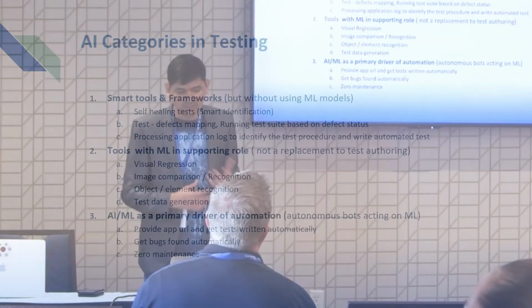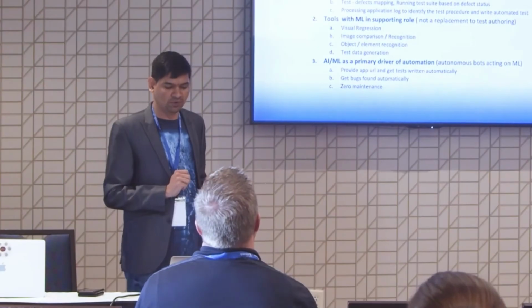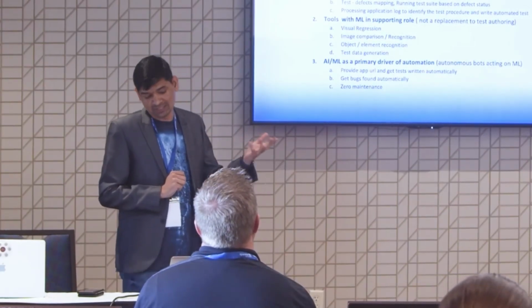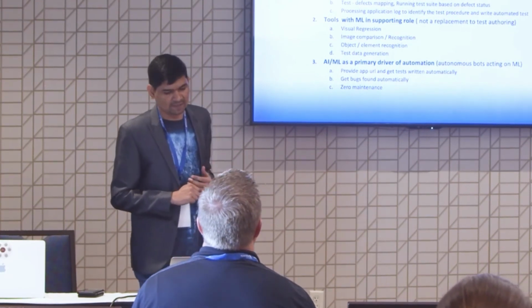AI categories in testing. Okay, so this is a kind of conclusive slide for this part. From our perspective, there are actually 3 categories in AI because it's very hard to define the AI term. The first one is a smart tool and smart framework which does a job for you, which mimics some human behavior. For example, self-healing test.